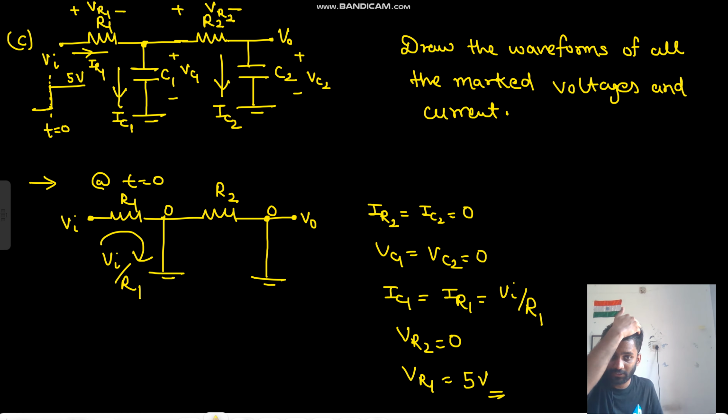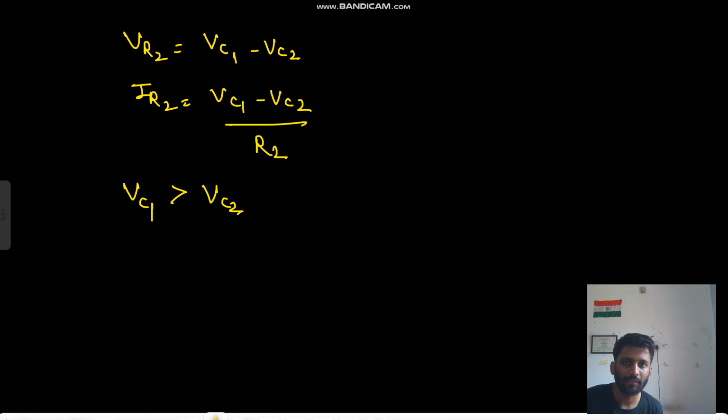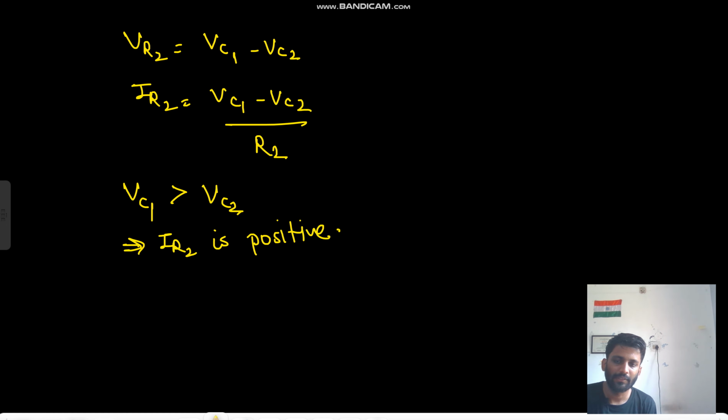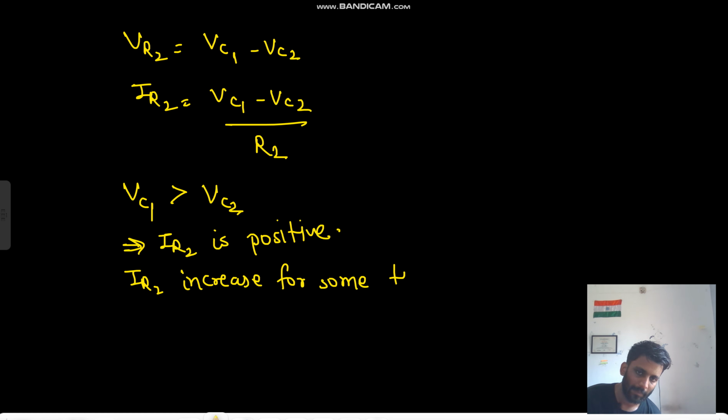First your C1 is getting charged, and because of that your VC2 is getting charged. So VC1 is greater than VC2. This shows that your current IR2 is positive. So your IR2 increases for some time, then decreases further.